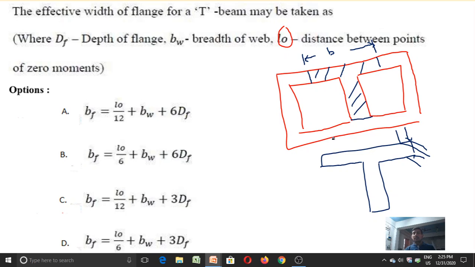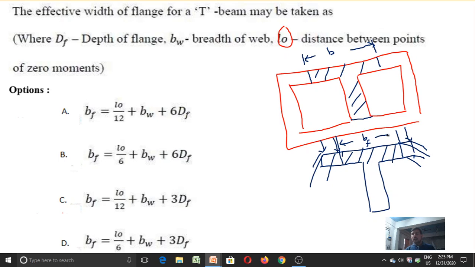Similarly, if you apply load here, it will bend downward. But between this portion, if you apply a load, it will not bend, it can effectively resist the loads coming onto this beam. So this width is called the effective width of the T beam, that is B suffix F.